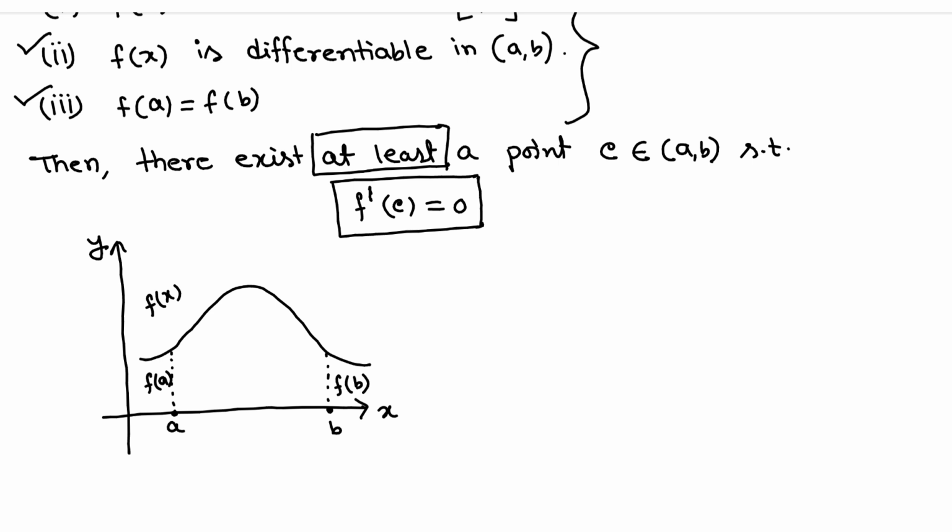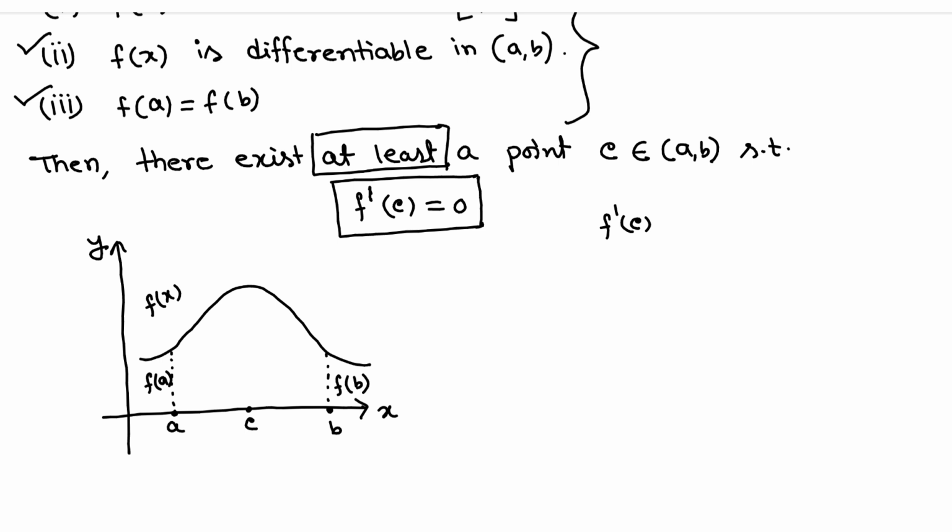So in the open interval AB, that means between A and B, there must exist at least a point c. Let's say this point is c. At this point, what do we mean by f dash c? It is the first derivative of f.